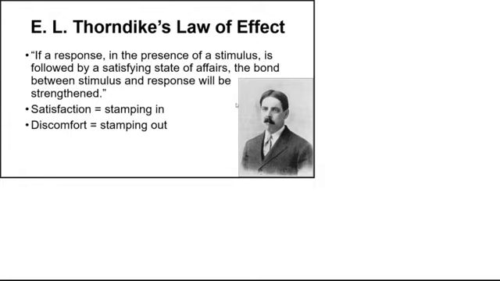That's a bad outcome, something uncomfortable or dissatisfying. So maybe we would be less likely to swear in front of our parents in the future. We would stamp out that relationship, so whenever they're around, we avoid that behavior in the future. So we can have stronger or weaker associations that lead to something happening more or less.